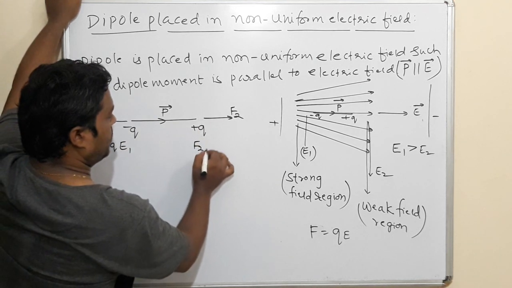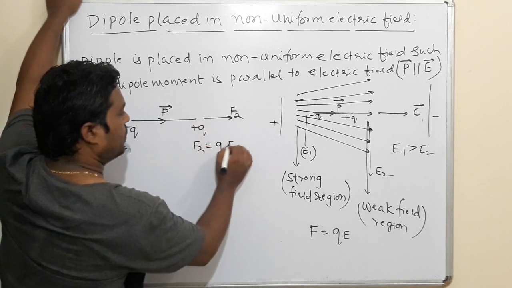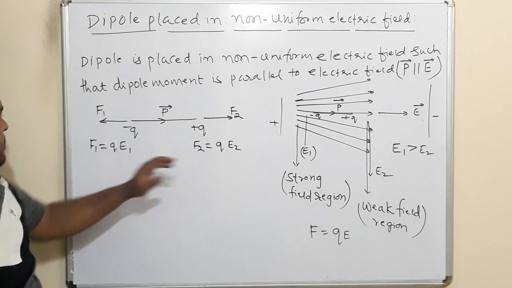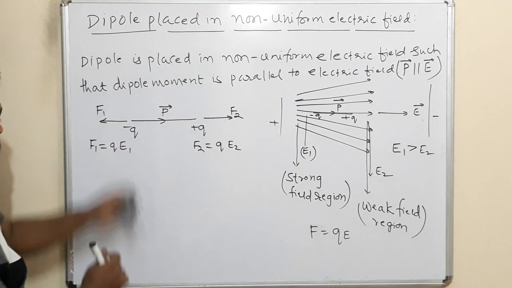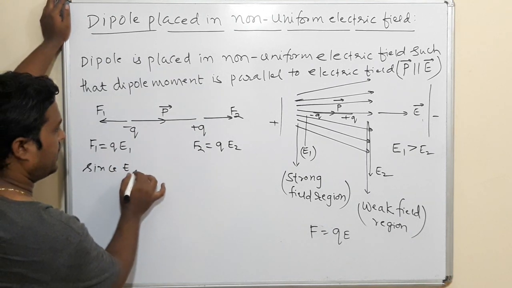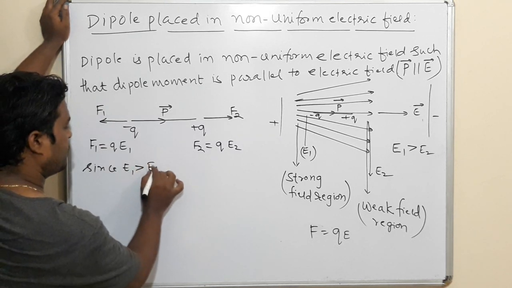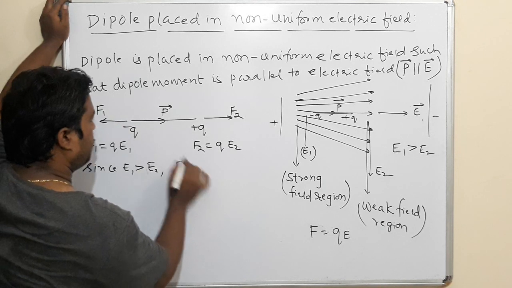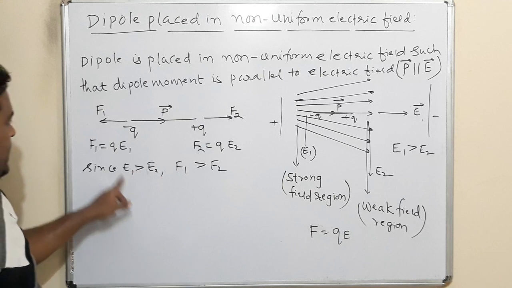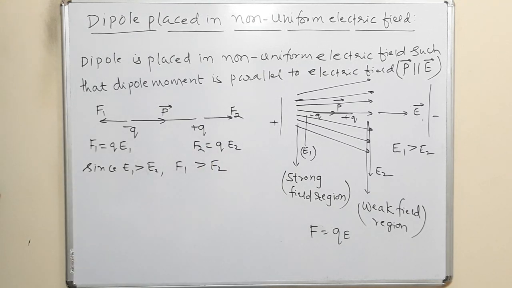F2 is equal to, charges are same in magnitude, q into E2. Since E1 is more than E2, F1 will be more than F2.